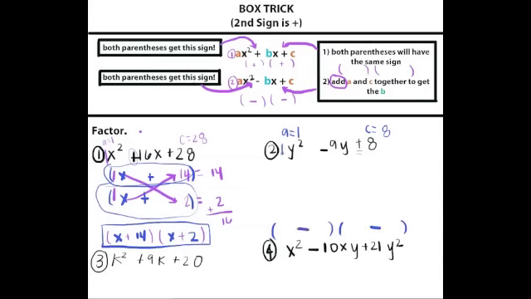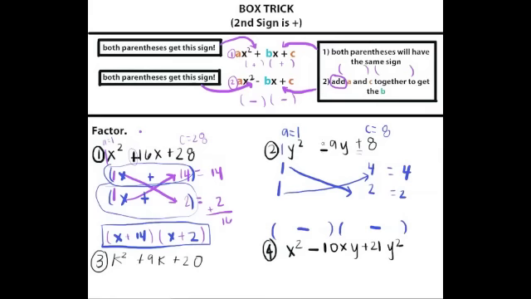Okay, so two numbers that multiply to get 1 are 1 and 1. Two numbers that multiply to get 8, I don't know. Let's try 4 and 2. Okay, so using my box trick, I've created this box. I go from this corner, 1 times 2 is 2. 1 times 4 is 4.